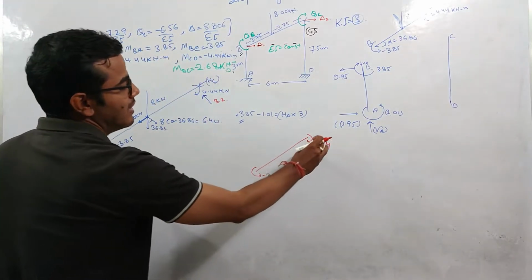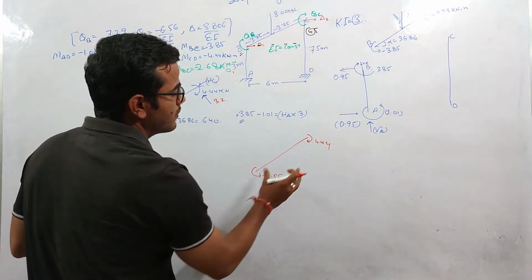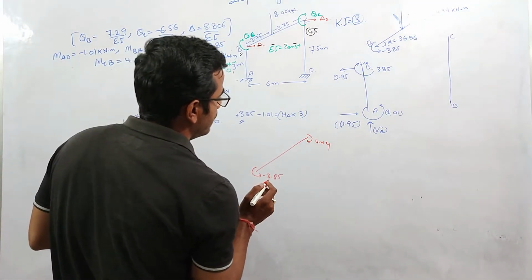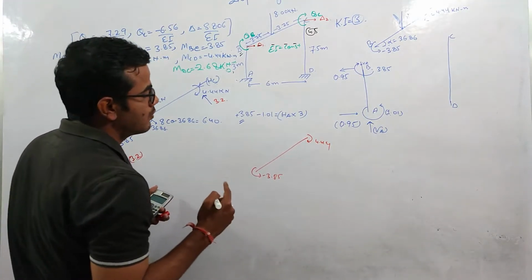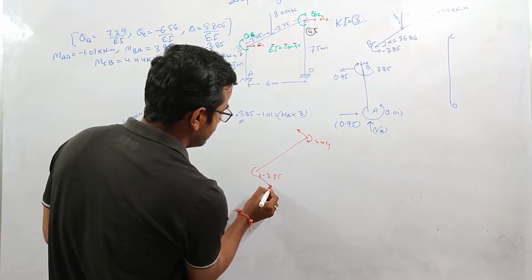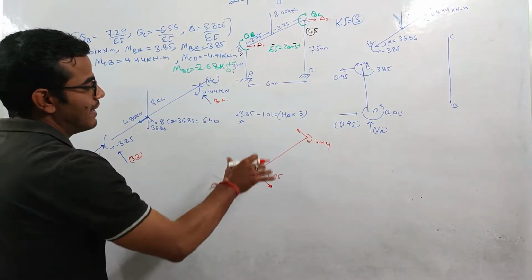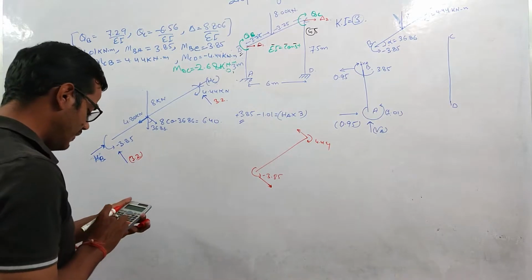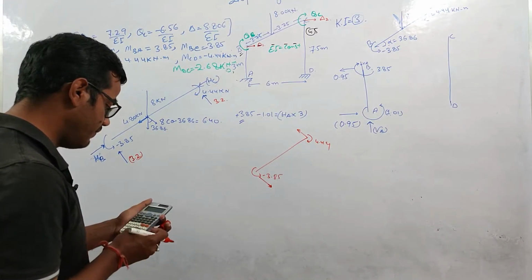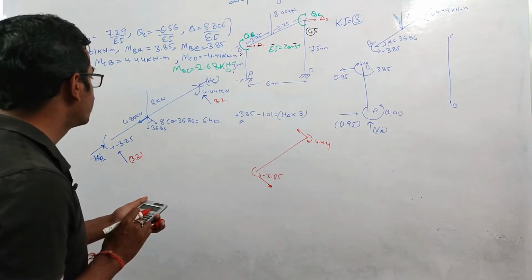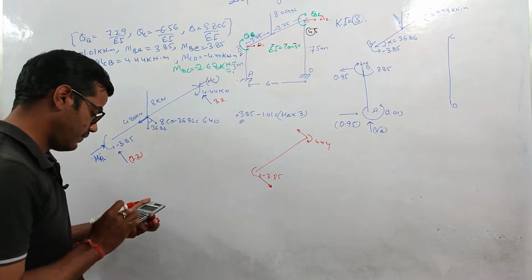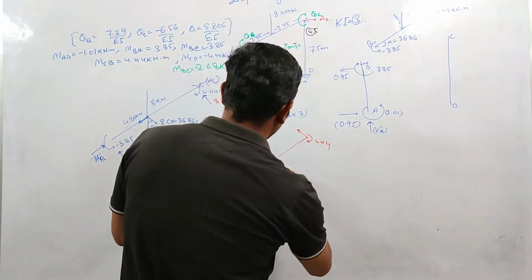You can see that the magnitude of the clockwise moment is more than the anti-clockwise moment, so we'll have a net clockwise moment. To balance that clockwise moment, we'll have a moment in the anti-clockwise direction, so the couple will act like this. Its value will be 4.44 minus 3.85 divided by 7.5, because this is the lever arm.